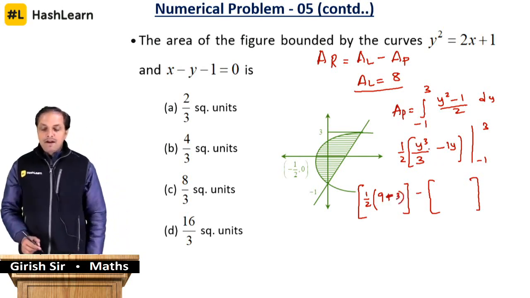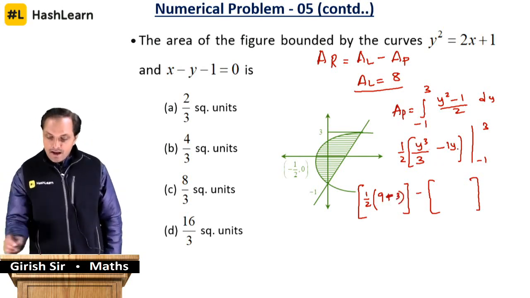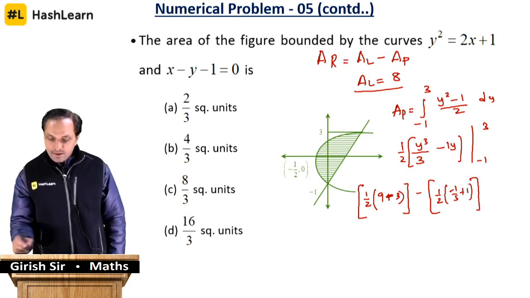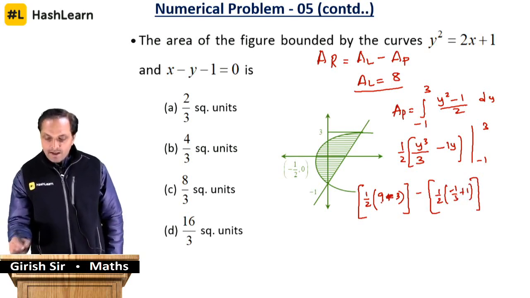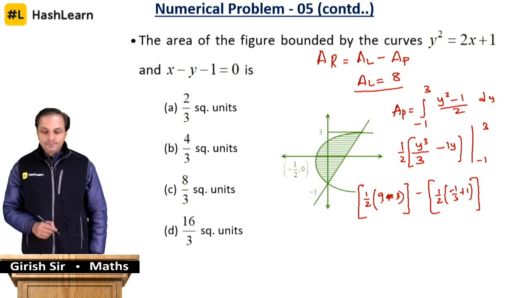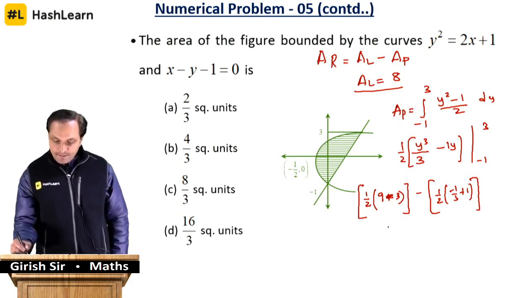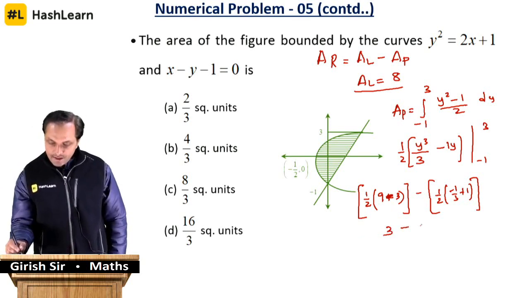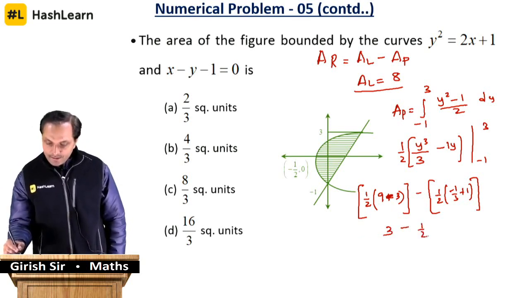So the upper limit is half into (9 minus 3), and the lower limit is again half. You will have -1 by 3, and when you put -1, that will give you +1. So what will this give you? 9 minus 3 is 6 by 2 is 3, minus, you will have half here, okay.